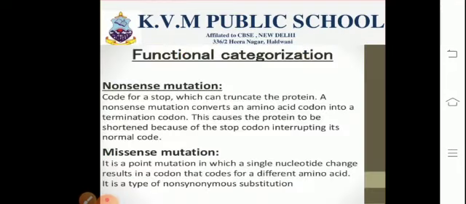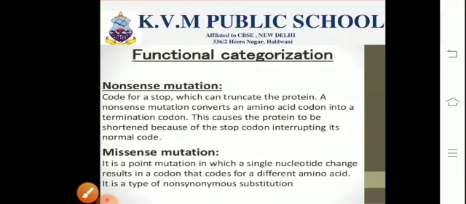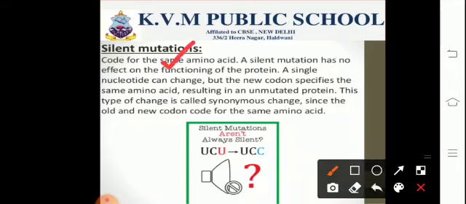As discussed, the functional categorization could include the nonsense mutation, which involves production of a nonsense protein, missense mutation, which involves production of a faulty amino acid, and silent mutation, which involves production of the same amino acid. Though there is no effect on the functioning of the protein, a new or altered codon has been added.